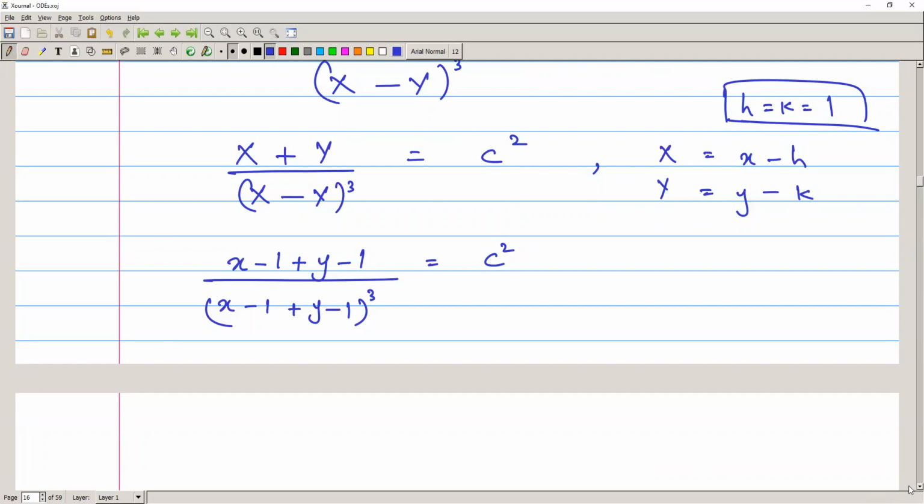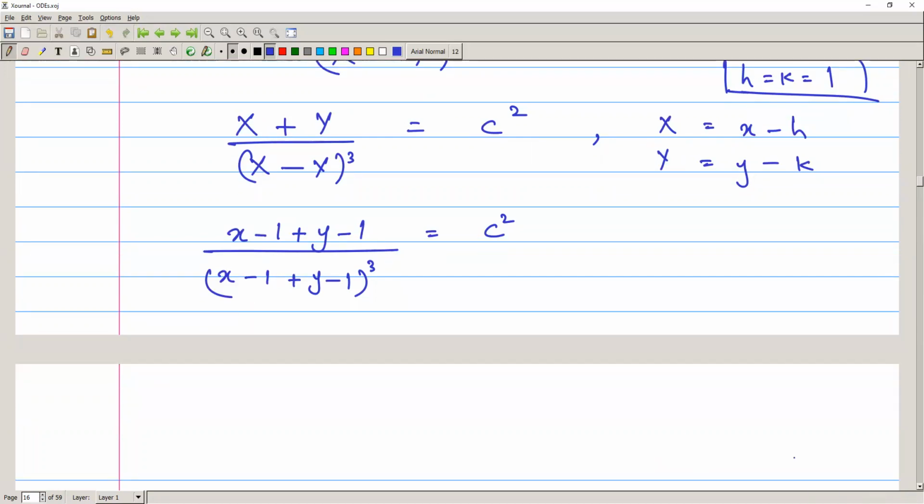So now it will be (x plus y minus 2) over (x plus y minus 2) whole cubed. Sorry, this is x minus, so it will be minus and this will be plus, so this will cancel out this one and this one. I'm sorry, it will be (x minus y) whole cubed only, like this is equal to c squared.